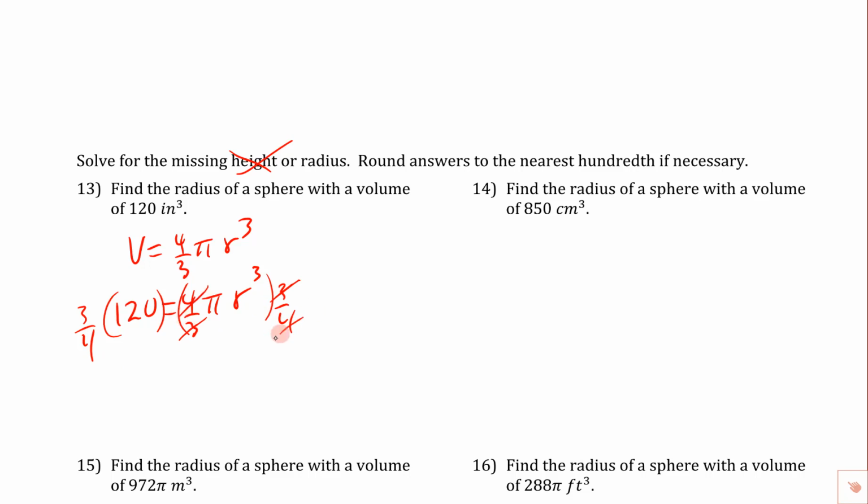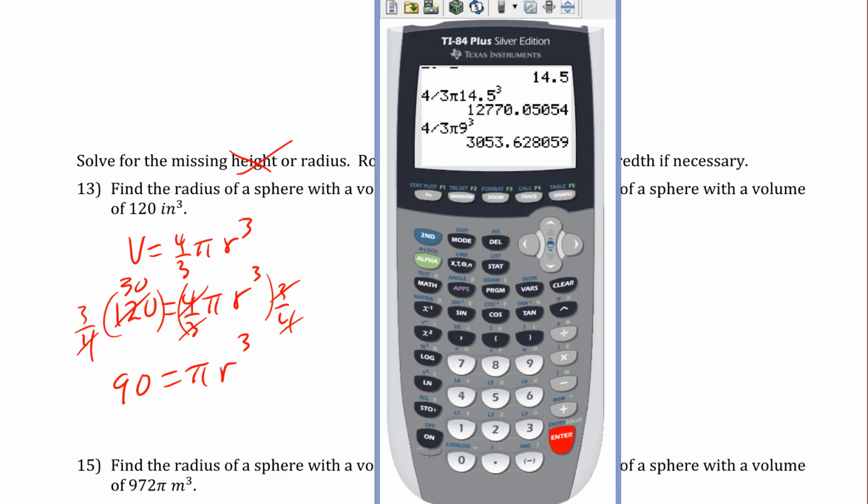Those are going to cancel. So we get pi and we get r cubed here. This is going to cancel, so that's going to be a 30. And so we end up with 3 times 30 would be 90. Now if you need to, we could do 3 divided by 4 times 120, and we end up with 90. Okay, so we're good there.